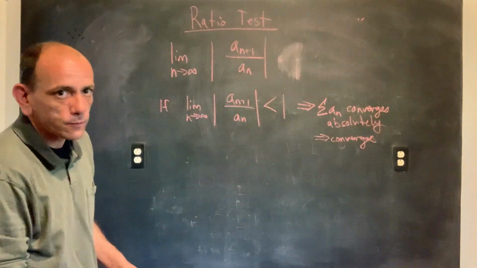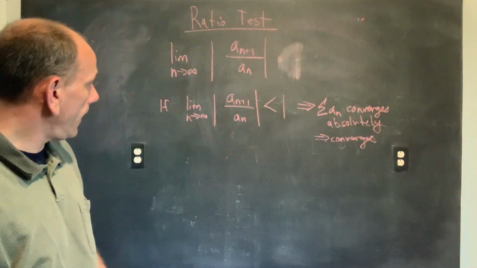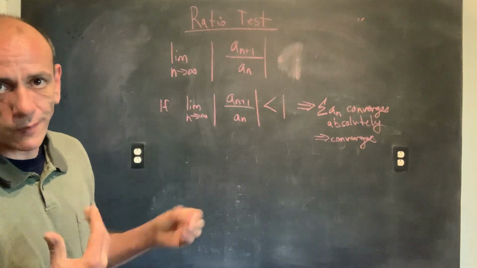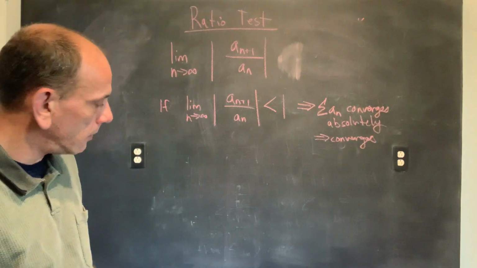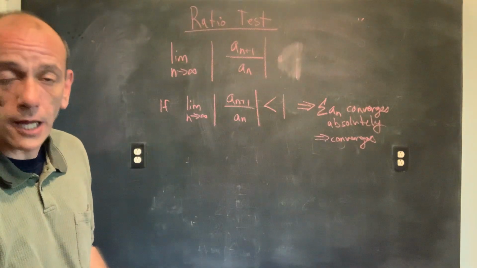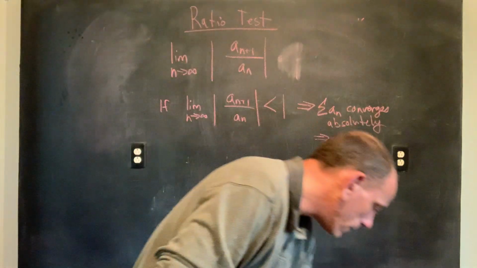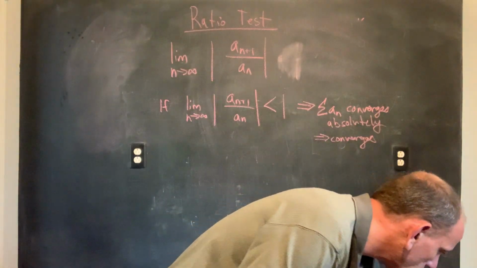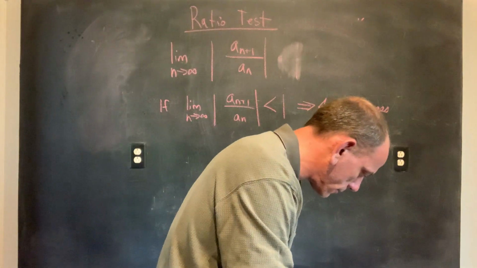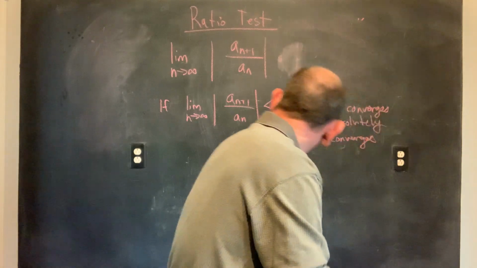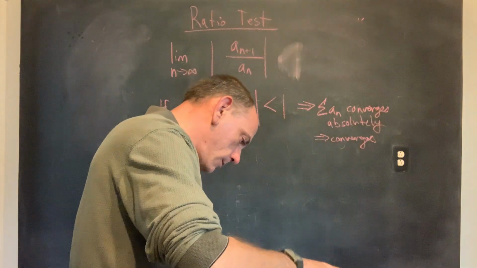So if that limit is 0 or 3/4 or anything less than 1, then rock on, we're good to go. That thing converges. And I think I can go back to yellow. I have another yellow piece here.